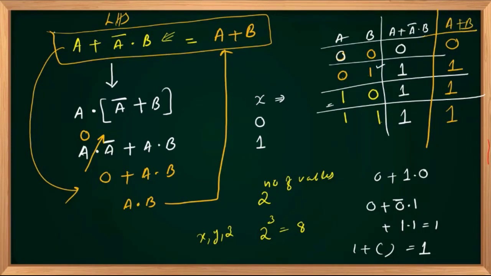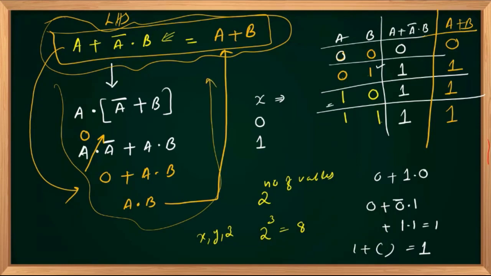So this you should keep in your mind always. Based on this, you will have questions in the examination. So A plus A complement B is equal to A or B. A plus A bar B equal to A plus B, and you can verify that either by taking the dual expression like this or using the truth table.